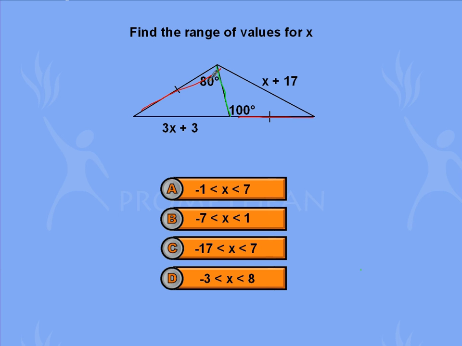So this angle was in the same position as this angle is for this triangle. Okay, so if 80 is across from this side and 100 is across from this side, is this side longer than this one or shorter? And then you need to write an inequality to figure out what x can possibly equal. Pause the video. This is on a separate sheet of paper.